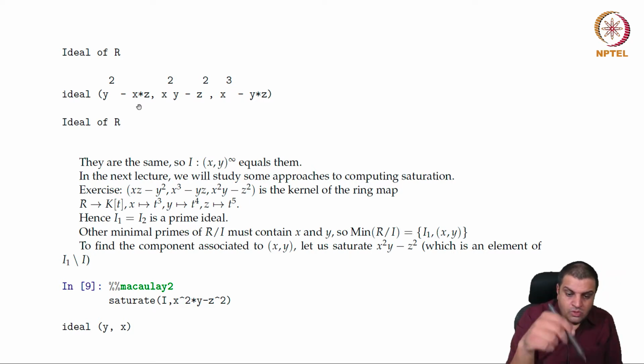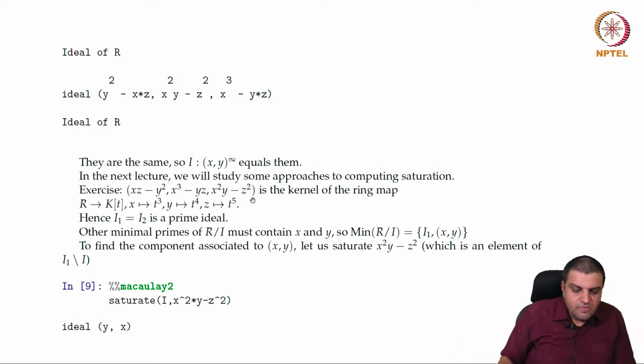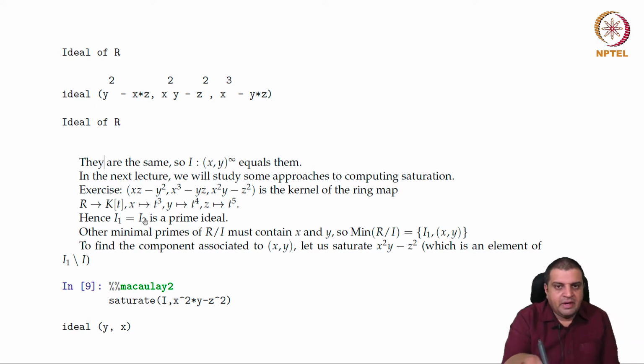The observation that we make is that this is the kernel of a ring map from R, which is k[x,y,z], to k[t]. x goes to t cubed, y goes to t to the 4, and z goes to t to the 5. In the exercises, I will give a hint on how to prove this. So in other words, this ideal I1, or I2, which are the same, is actually a prime ideal.